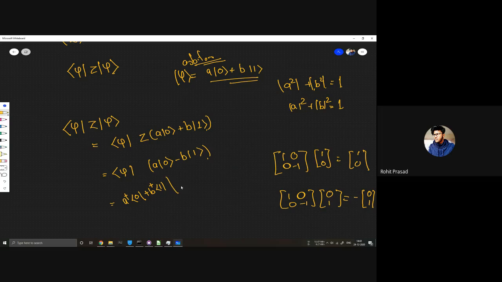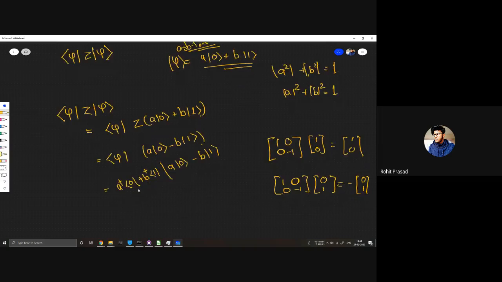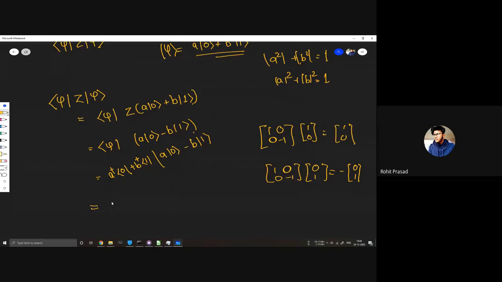And in second we got a 0 minus b 1, and this thing will be equal to a transpose 0, then a transpose a 0 0 minus a transpose b 0 1 minus b transpose b 1 1, and then this one into this one plus b transpose a 1 0.